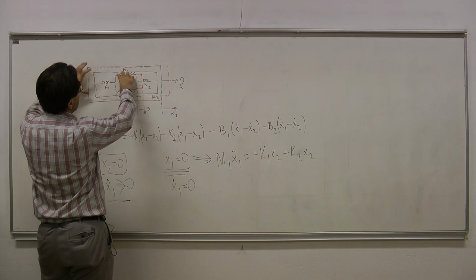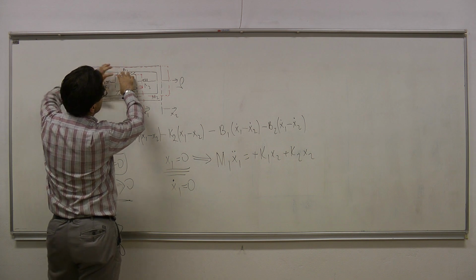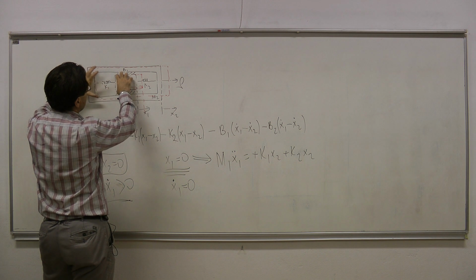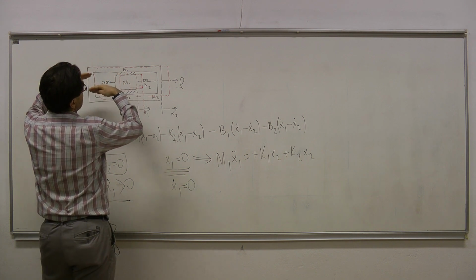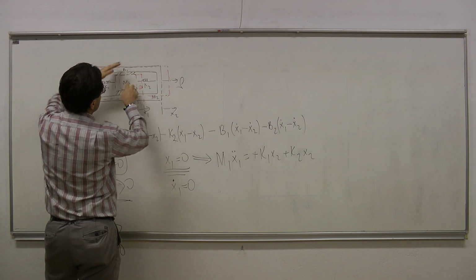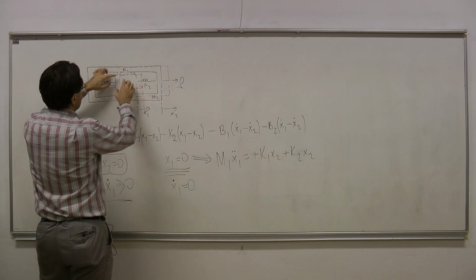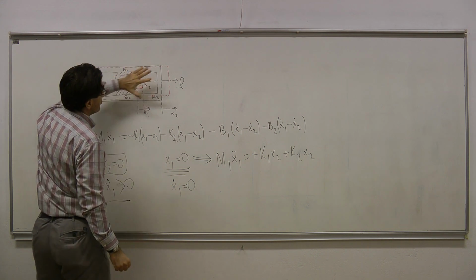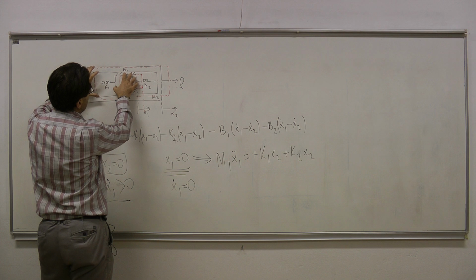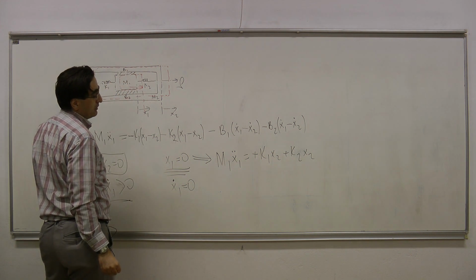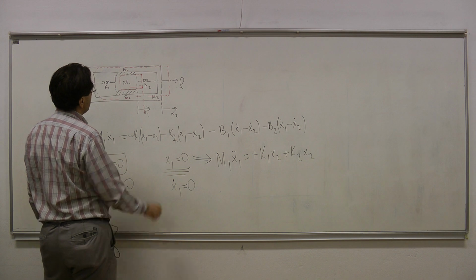This is fixed, and this is moved to the right with fixed velocity. Then due to this friction, when I try to push the outer case, it is going to try to move the inside mass as well. So there will be a friction force applied onto m1 towards the right when I move m2 towards the right, and when I fix m1 at its current position.